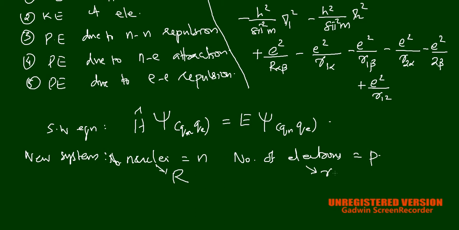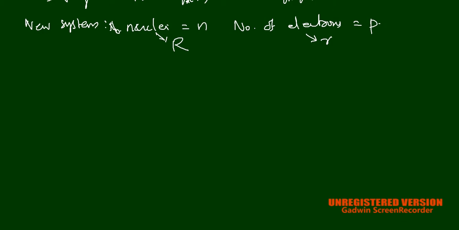Now we can constitute the Hamiltonian for this system, just like we constituted the Hamiltonian for the hydrogen molecule, having 2 nuclei and 2 electrons. Here we have n nuclei and p electrons. So the Hamiltonian for this system is equal to, we have to include the kinetic energy terms, right?